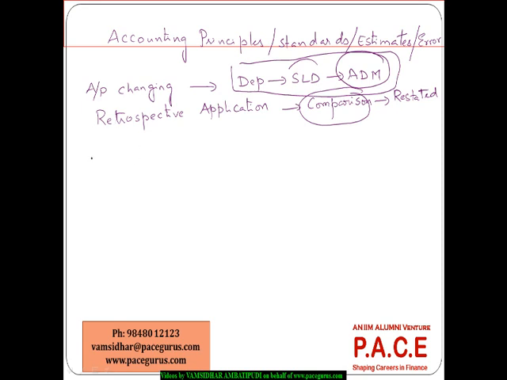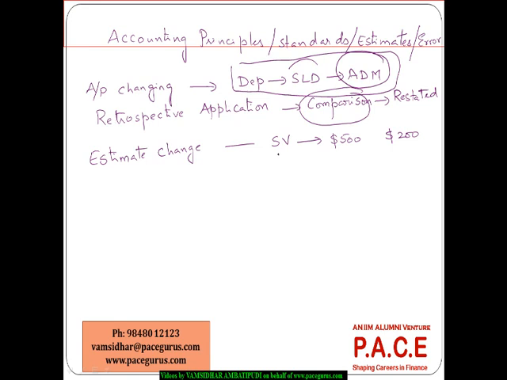But if there is an estimate change instead of a principle change, when I say estimate change, it could be as simple as a salvage value on an asset. Earlier they thought that the salvage value is 500 bucks, but now they are estimating that the salvage value is only 200 bucks.